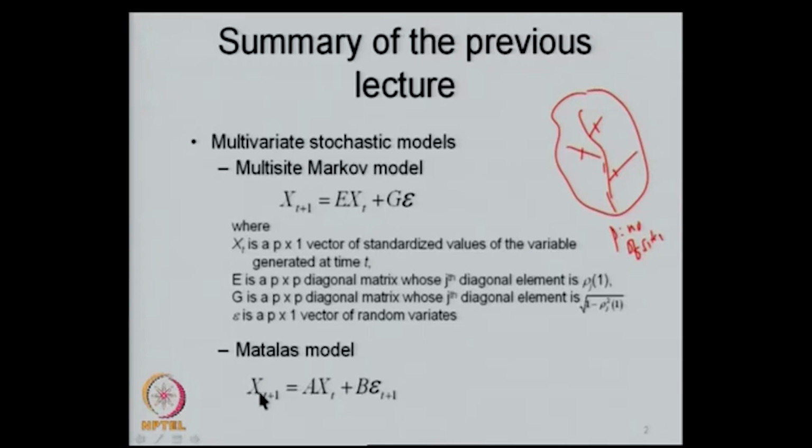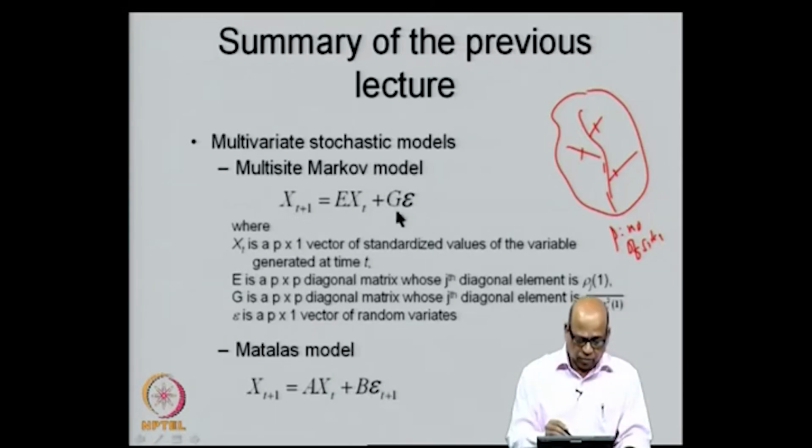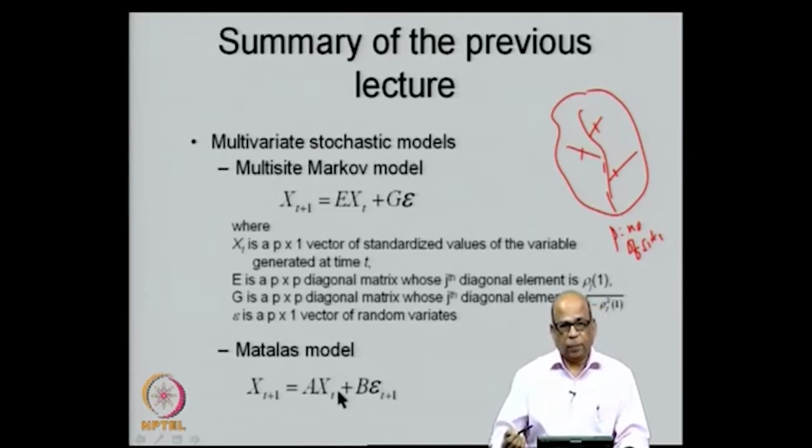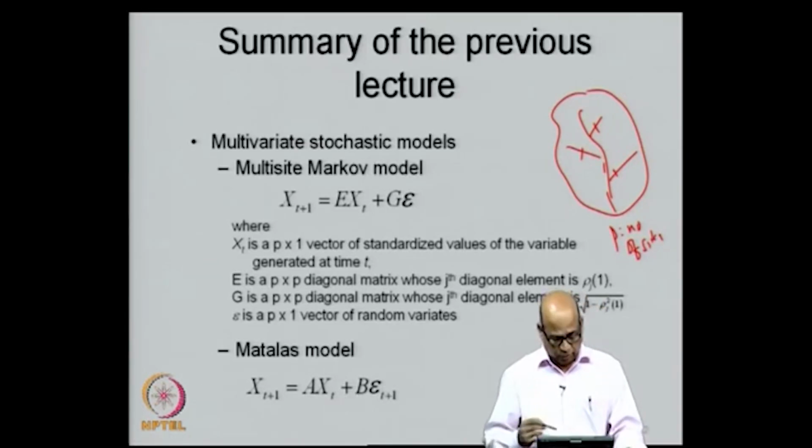So, we introduced the Matalas model, x t plus 1 is equal to A x t plus B epsilon t plus 1, which is similar to the Markov model that we have discussed earlier, except that the epsilon t plus 1 will be independent of x t now in this case. As we progress, we will discuss that more.